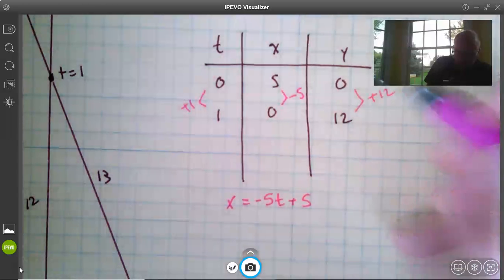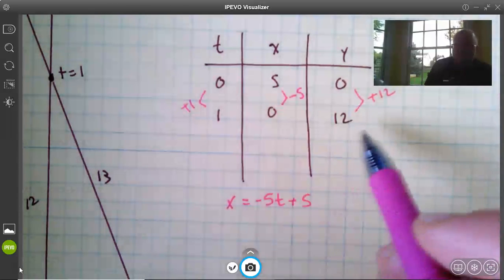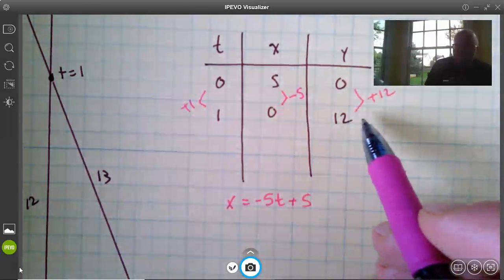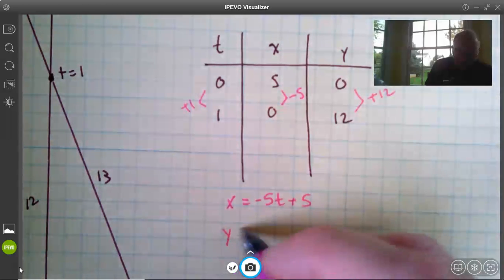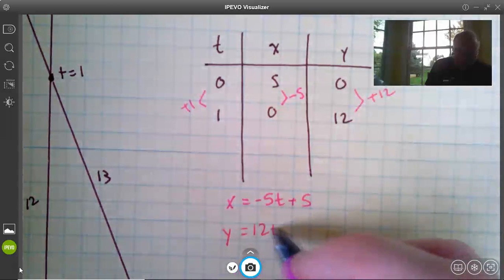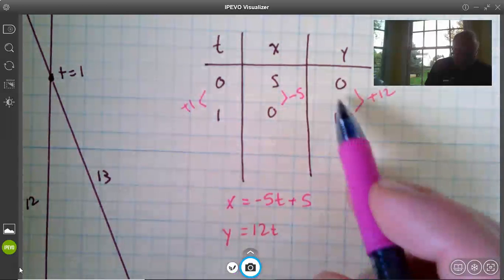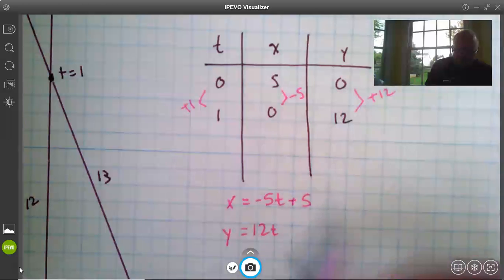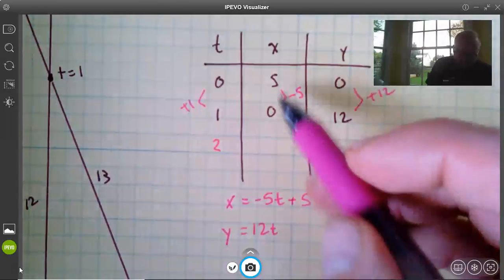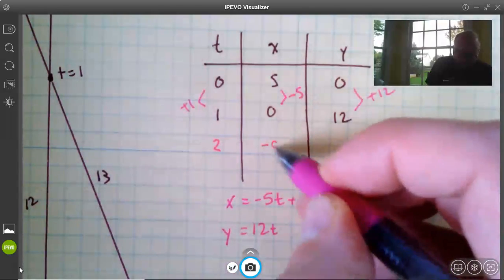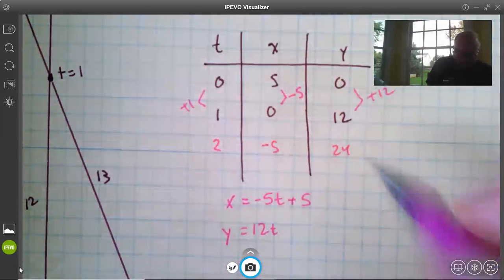For y, our rate of change of y with respect to t is 12 units up for every 1 unit of time we move forward. So y is 12t, and then we're starting at 0 for y, so it just stays at 12t. Now we can fill in other points. For t equals 2, we can figure this out: following the pattern, it's going to be negative 5 and 24.